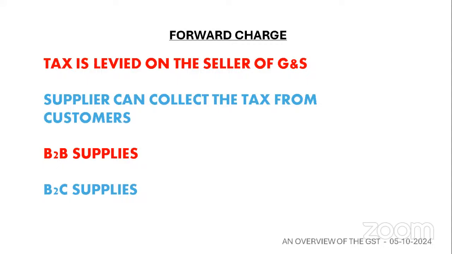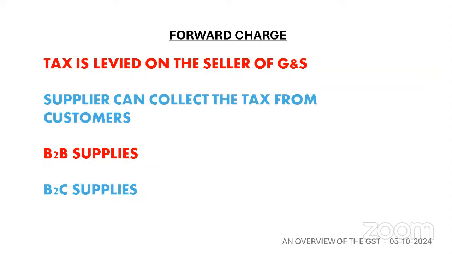Then the forward charge may be categorized into two: B2B supplies and B2C supplies. B2B supplies is where a business sells goods and products to another business, and that other business either consumes those goods and services, or further supplies them to another business or directly to the consumers. So in B2B, where one B sells to another B, that second B may sell to a third B or it may sell to C, that is the customer.